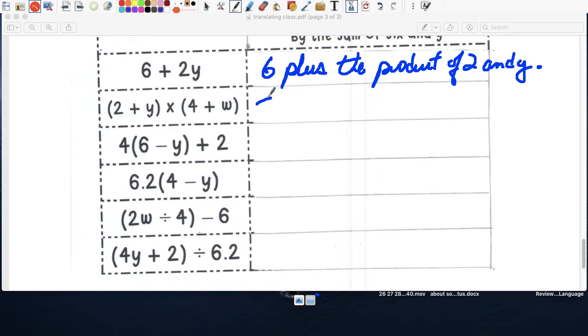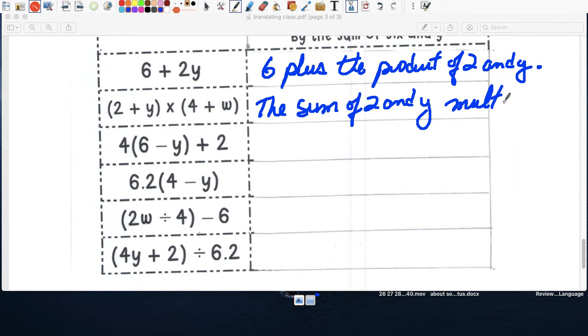Let's see, the sum of 2 and y plus, or no, sorry, times, multiplied by the sum of 4 and w.